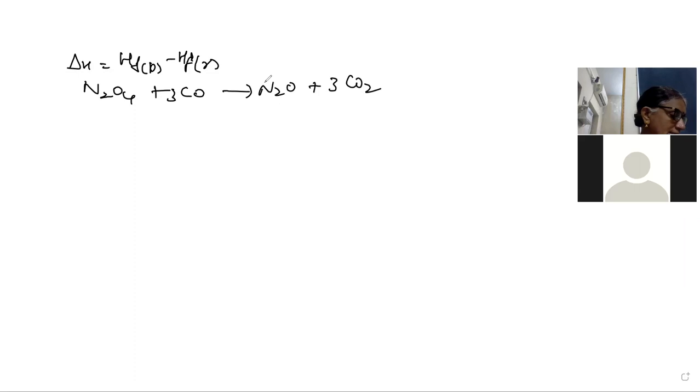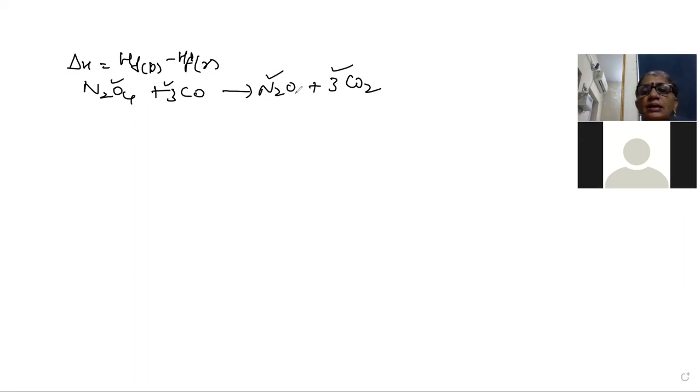There, the heat of formation of all the reactants as well as products are given. If the values are given directly, you can substitute the heat of formation of the products minus heat of formation of reactants. You can use this formula directly.